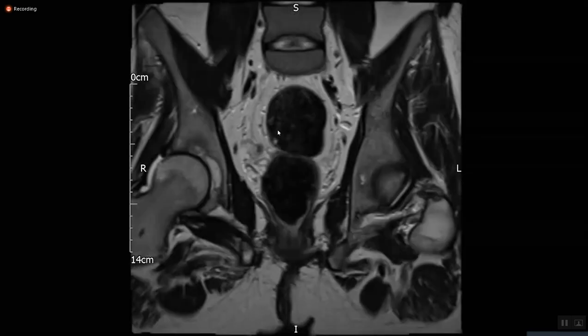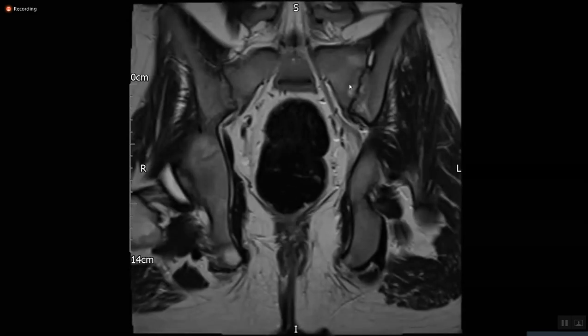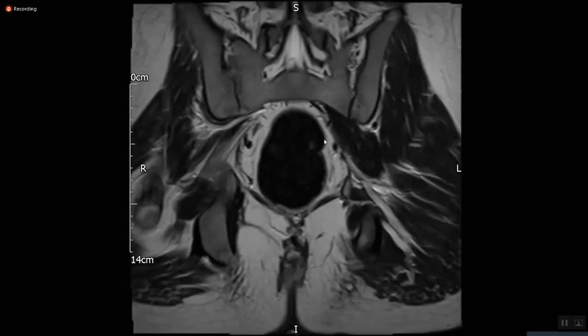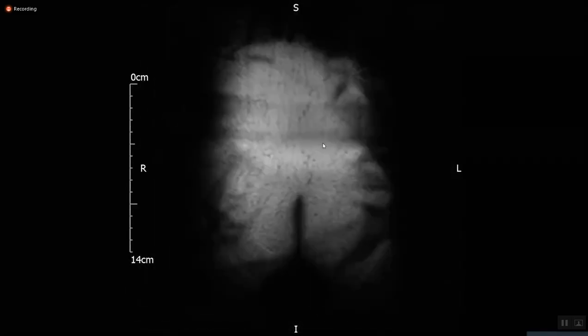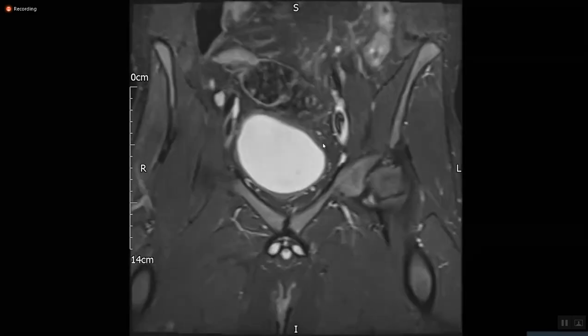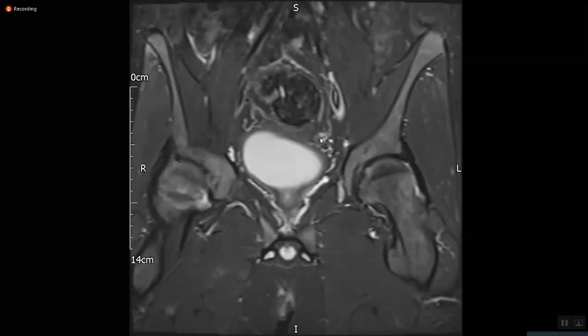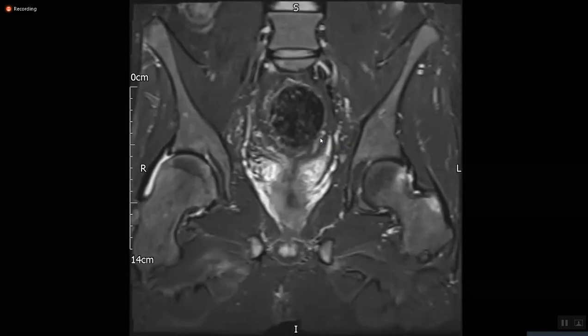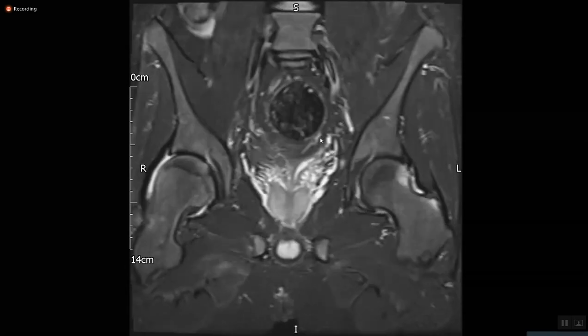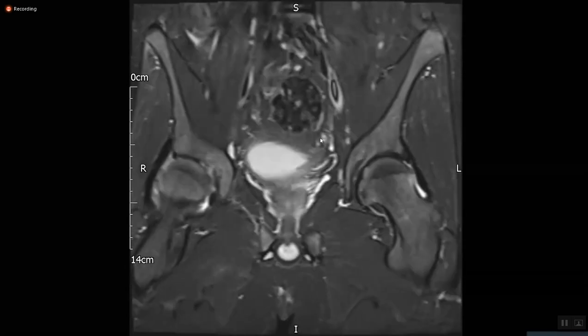Now, this sequence, the T2 weighted sequence, is not a very sensitive sequence to pick up bone marrow edema, though because the finding was quite emphatic, we could see something happening. Now, for seronegative arthropathy, the key sequences are T1 and STIR. So once you know it, there is no harm in using this word STIR.